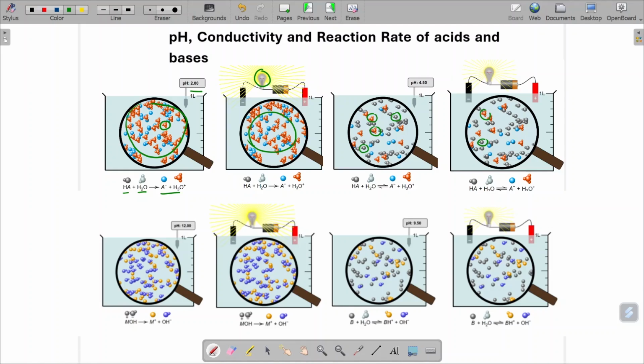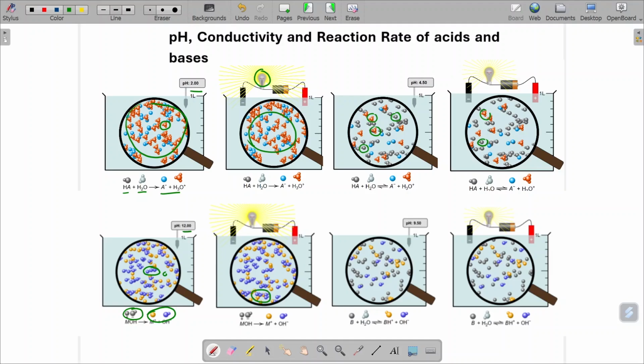To show briefly here, these are the base ions. There are no base molecules left in the solution because they've all dissociated to form our hydroxides. We've increased the hydroxide concentration, therefore decreased the hydronium concentration, and this gives us a high pH for the strong base.